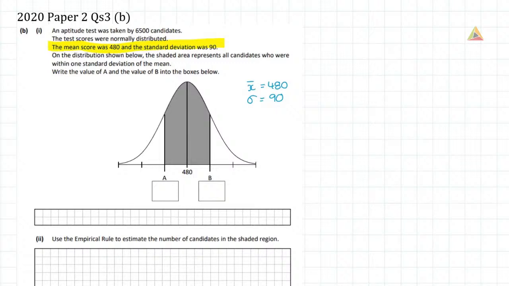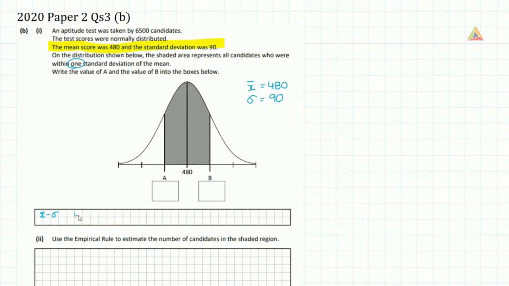On the distribution below, the shaded area represents all candidates who were within one standard deviation of the mean. Write down the value of A and the value of B into the boxes below. So this value here in A is going to be our mean minus our standard deviation. So it tells us here that it's one standard deviation.